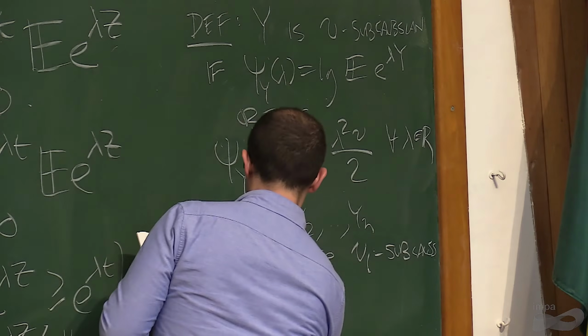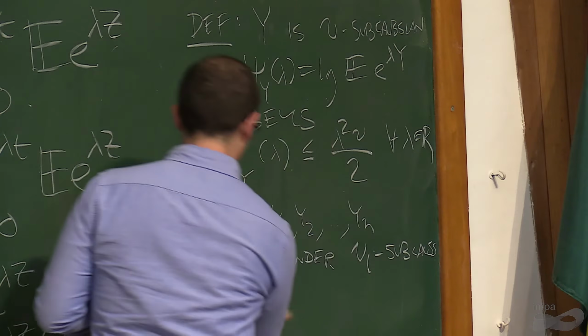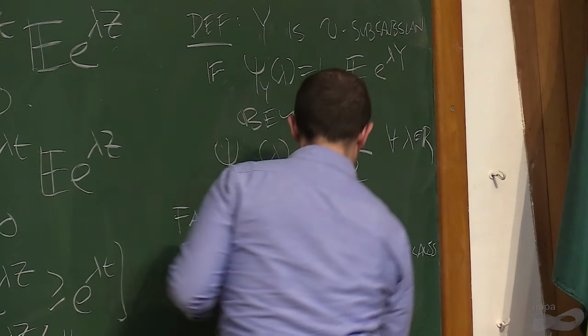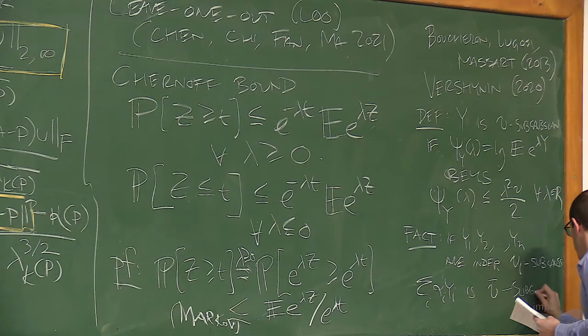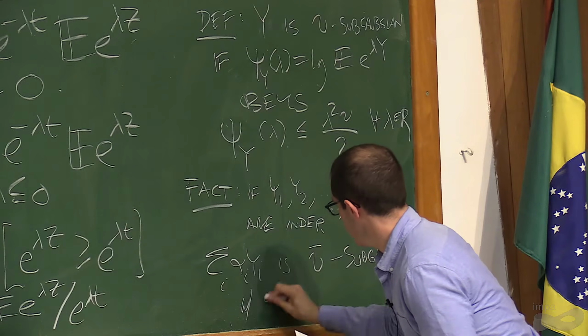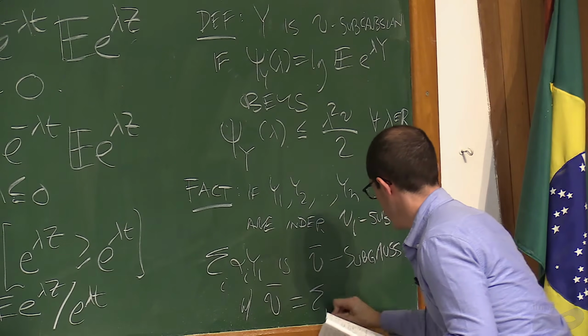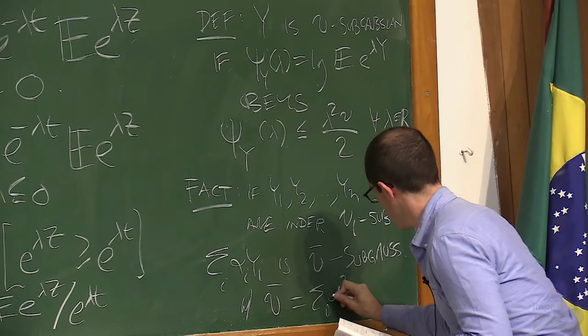If that's true, then the sum over all i, scaling my yi's by some alphas, is nu bar sub-Gaussian, and nu bar is the sum of these individual nu i's scaled by the squares of those alphas.